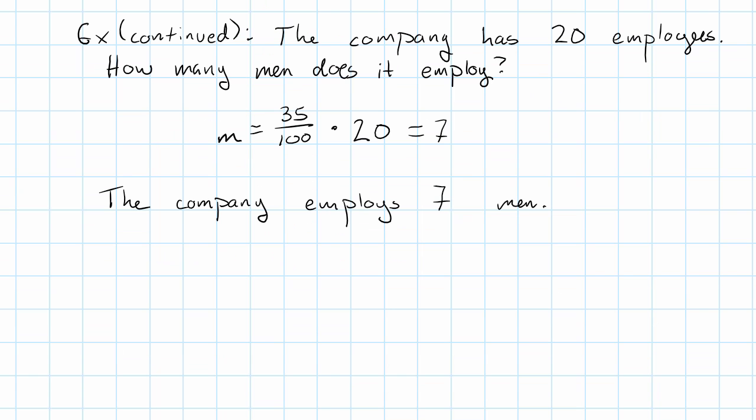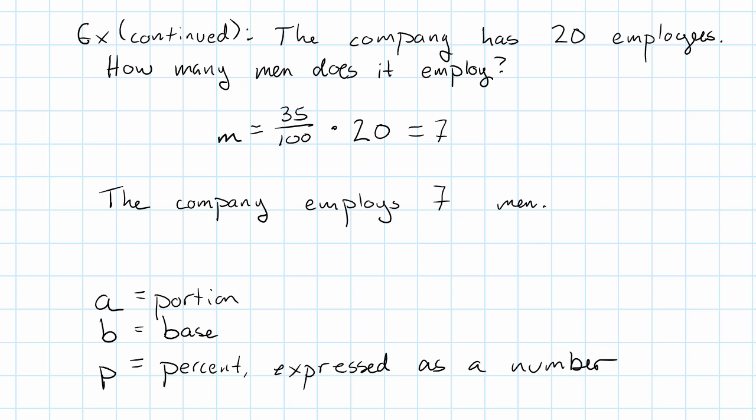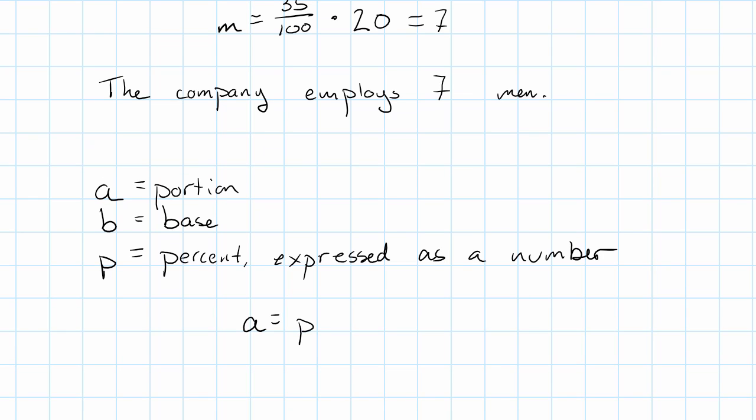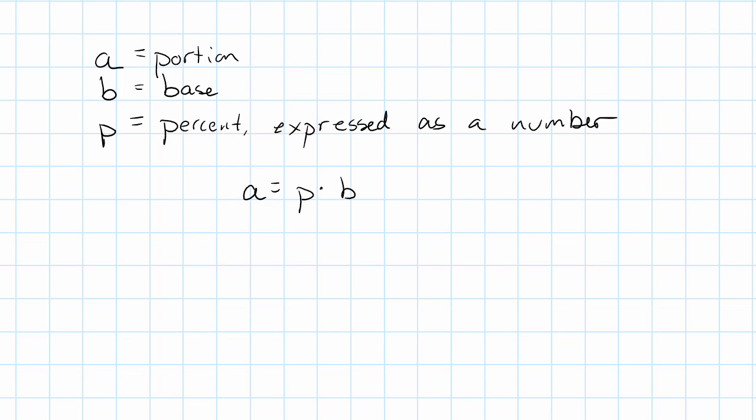If we say A is the portion, B is the base, and P is the percent expressed as a number, then we get the equation A equals P times B. The portion equals the percent expressed as a number times the base.